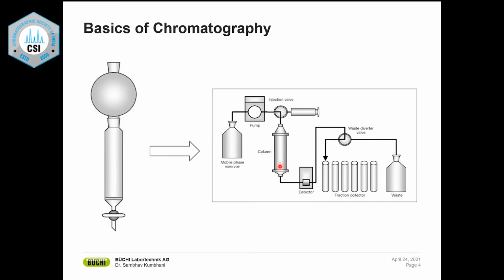If you're doing open column chromatography, you are reliant on your eyes. You can only do colored compounds, more or less. Unless you see them, you cannot separate them. To remove that drawback, we now use detectors, which detect that there's a new compound coming in, and every time a new compound comes in, this automated fraction collection valve will switch test tubes or send it to a different vial, and that's how you separate them.